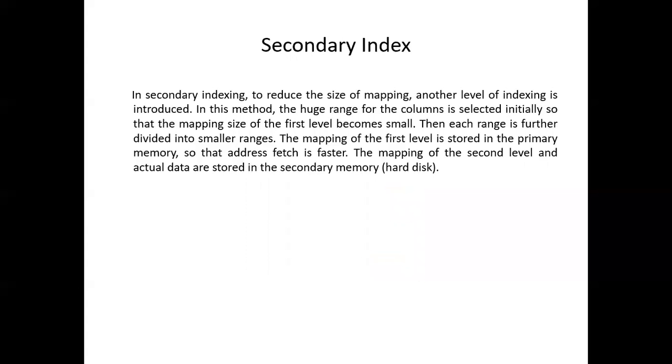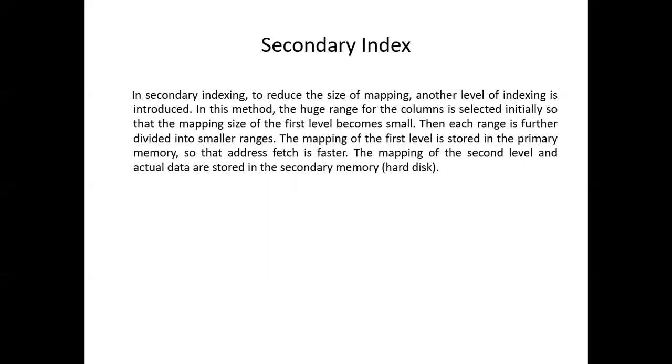Now, what is secondary indexing? In secondary indexing, to reduce the size of the mapping, another level of indexing is introduced. In this method, a huge range for the column is selected initially so that the mapping size of the first level becomes small. Then each range is further divided into smaller ranges.